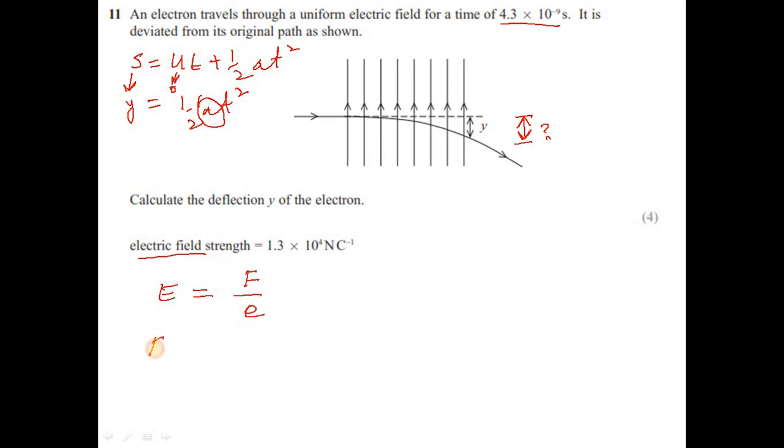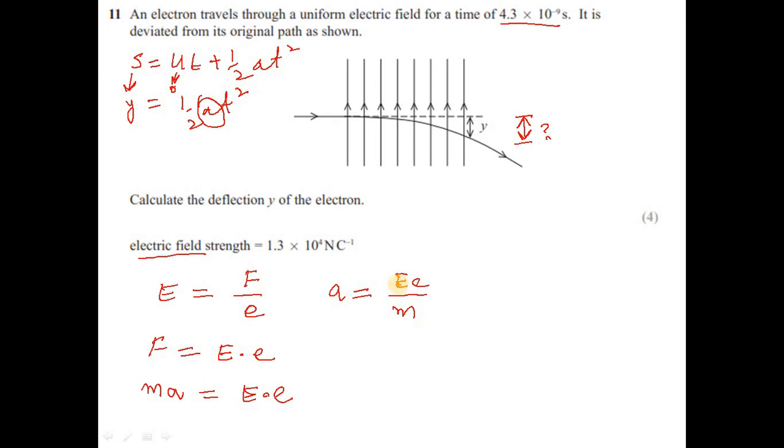That means F = Ee. Capital E is the electric field, small e is the charge of one electron, and F is ma, equal to Ee. Clearly a can be found: a = Ee/m.